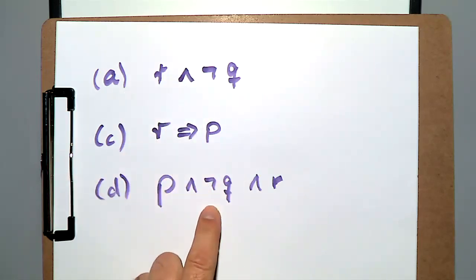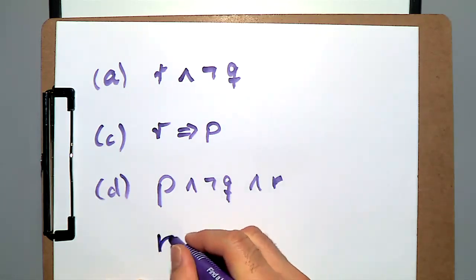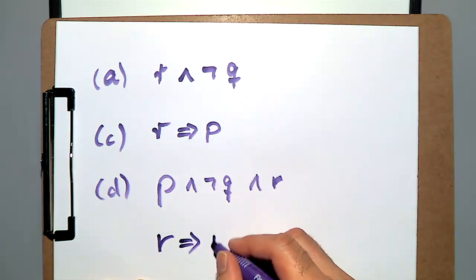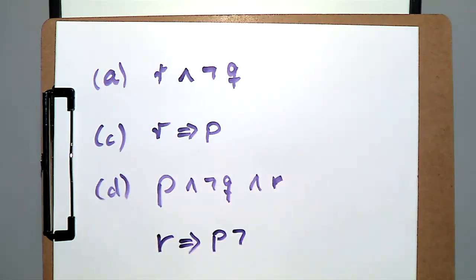All these are syntactically valid formulas in propositional logic. What would not be syntactically valid would be to say something like R implies P not. This uses correct symbols, but it doesn't have a correct meaning. R implies P not is not understandable. It's not the correct sentence.